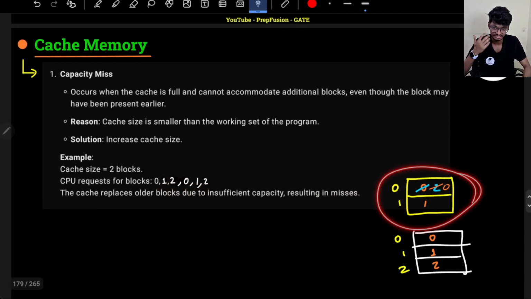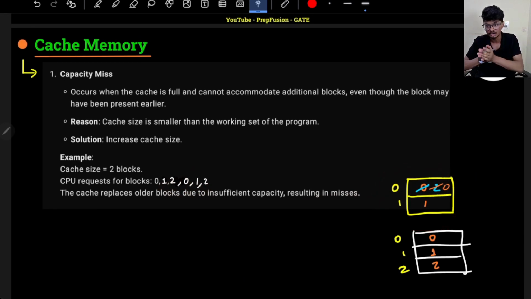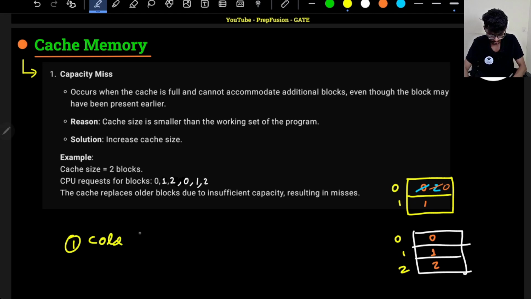If my cache capacity is not enough, of course I cannot accommodate enough blocks. Okay, so how do you check? First you check for cold miss, whether it is a cold miss or not. So the first check is cold miss. If it is not a cold miss, then you go for the capacity miss.